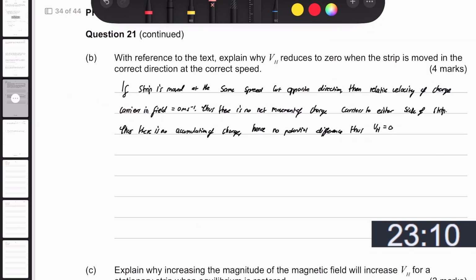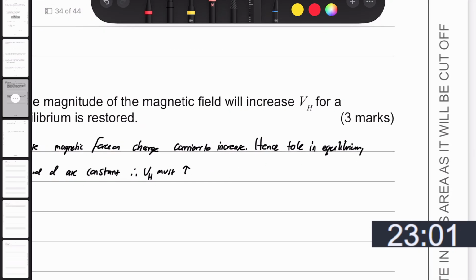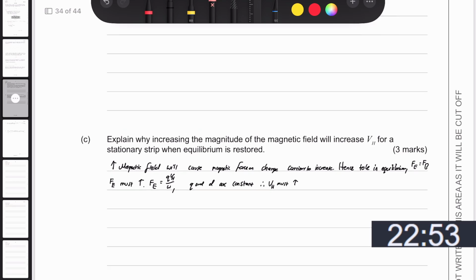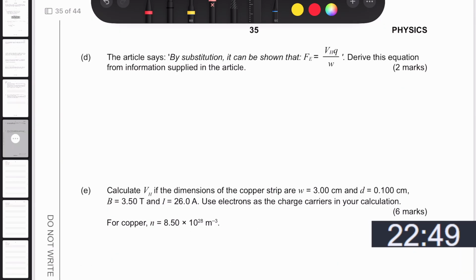Or they say it as W. Say F_E equals F_B, or magnetic force, they say F_M. The article as such derives this equation from the information supplied in the article.